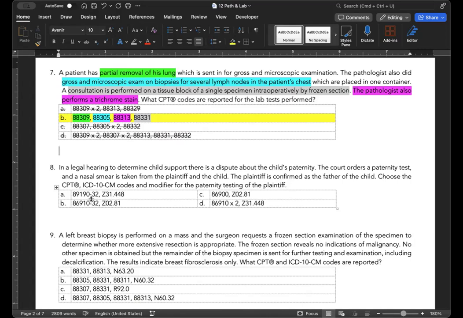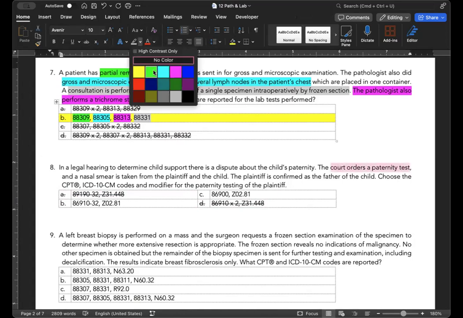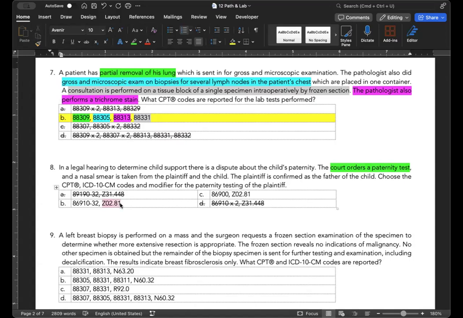Pretty simple and straightforward, right? So we have ruled out A and D, with the paternity test as the reason for the encounter.